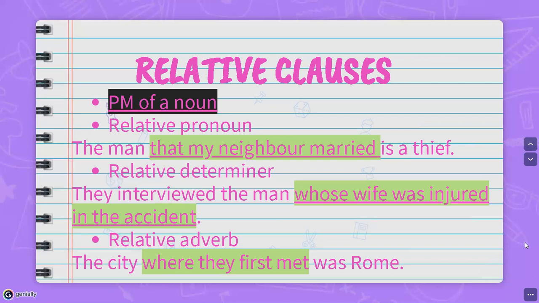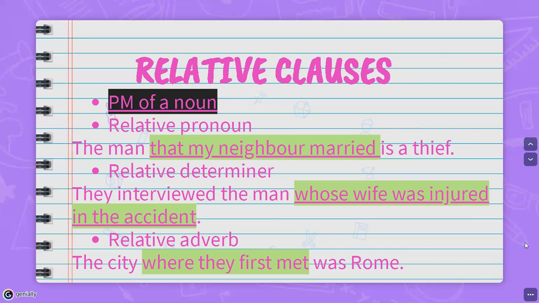In the example with a relative pronoun, the man that my neighbor married is a thief. You see that you have the relative clause there highlighted and introduced by a relative pronoun, that, which, let me tell you, may be omitted.